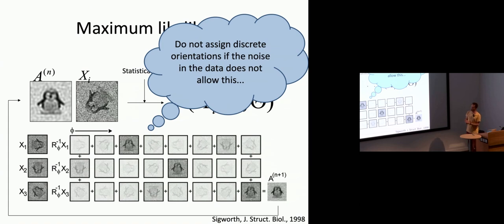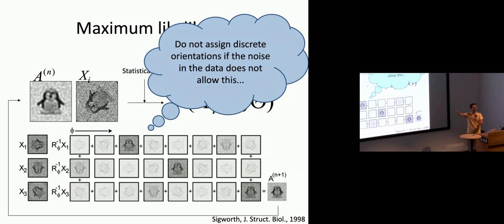So that's kind of an intuitive explanation of why that would be a good idea. If you're not entirely sure whether it goes upside up or upside down, then hold back on making a decision that might be wrong, and instead proceed with both decisions at the same time.